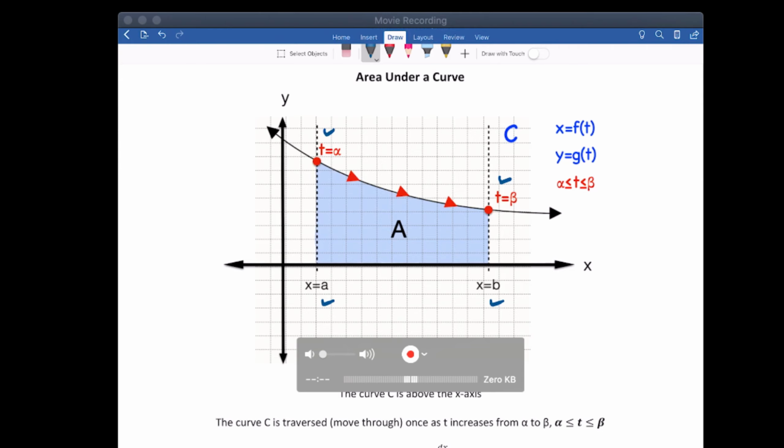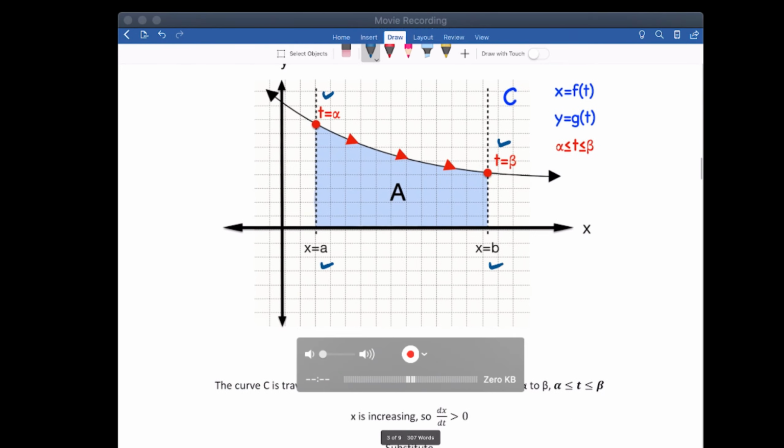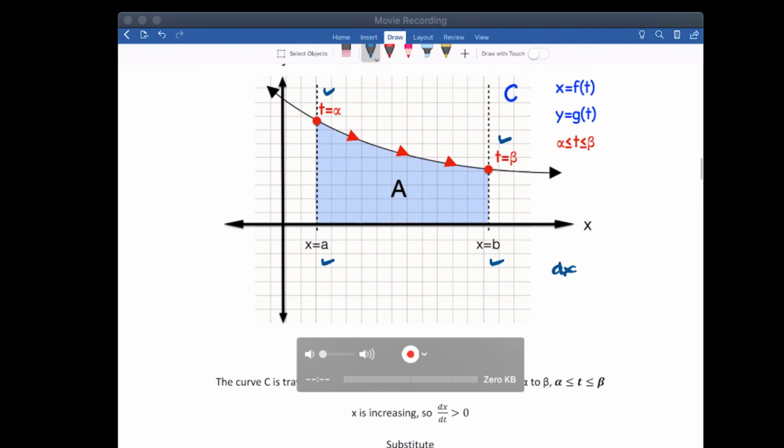So my orientation for t is going left to right, but I would rather say dx dt, the change in the x variable, right? x is increasing, and we say that's positive. So you're going to have an issue here with orientation.